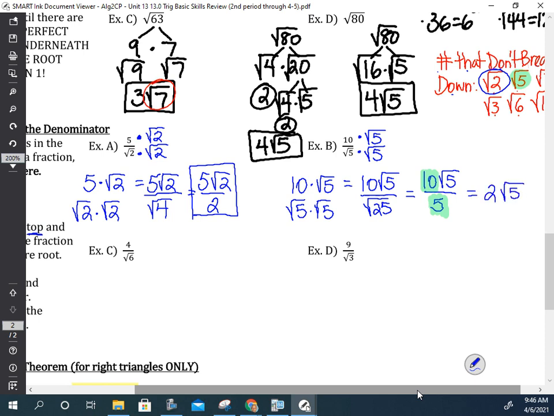That gives you 2 square root of 5. Now your problem's finished. Questions on part B?